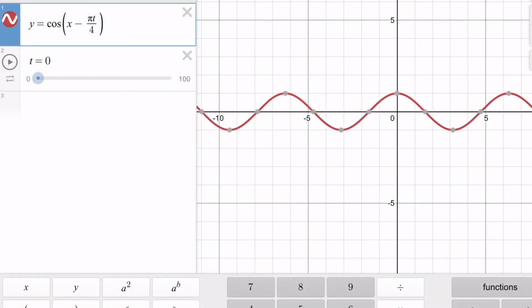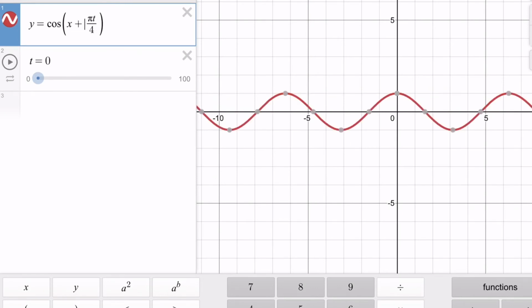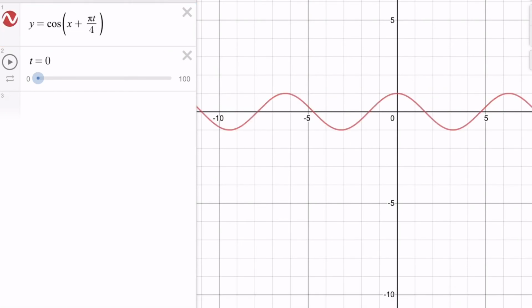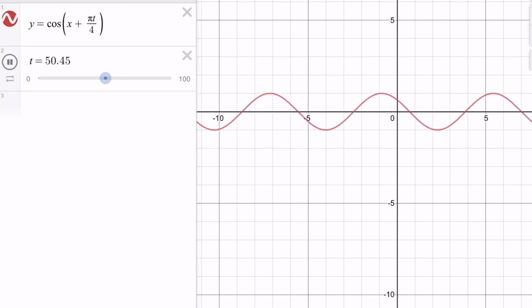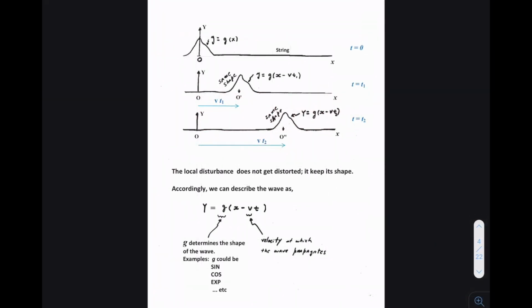Now what happens if we replace this minus sign with a plus sign? Then we see that the wave starts to move backwards. So we call it a backward propagating wave. In both cases, whether it is a forward propagating wave or a backward propagating wave, the shape of this wave remains the same.